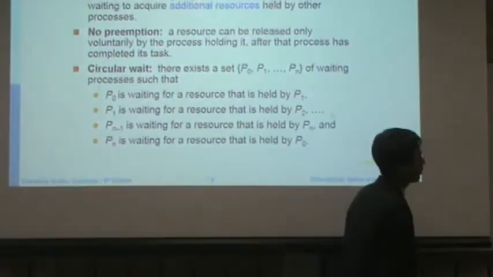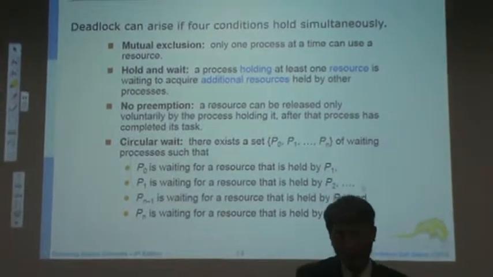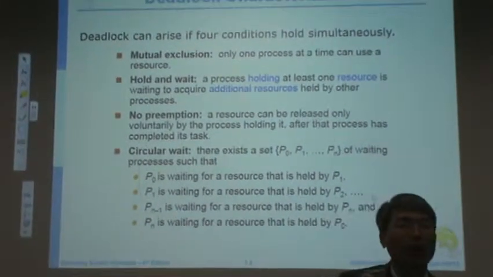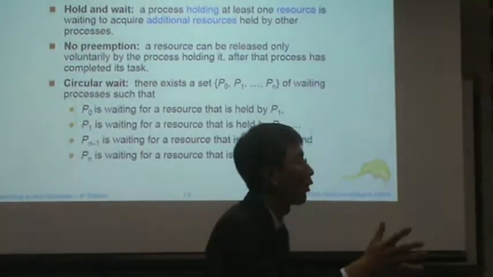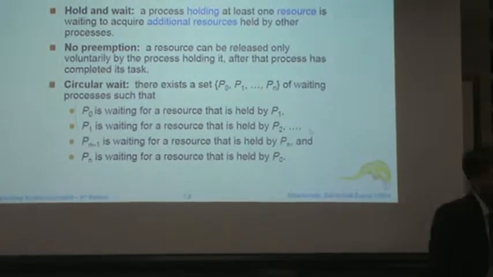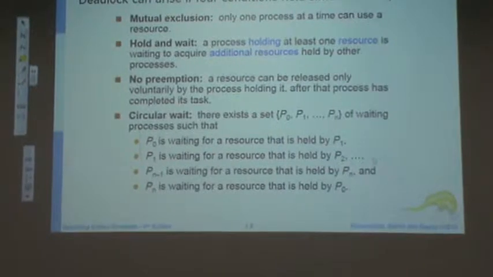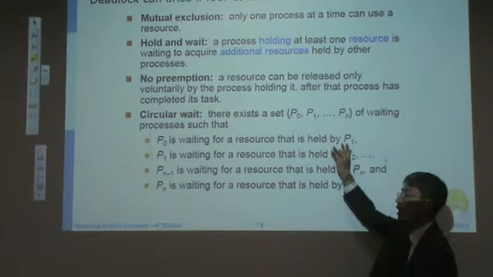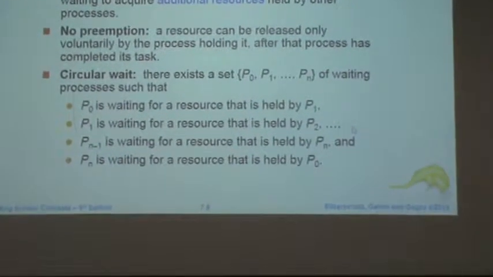Then no preemption: the resource cannot be released, which means once it takes the resource, it proceeds further until it gets the resource it is waiting for. And circular wait is when there is a set of processes waiting for each other, and eventually they form a circle, a circular fashion.